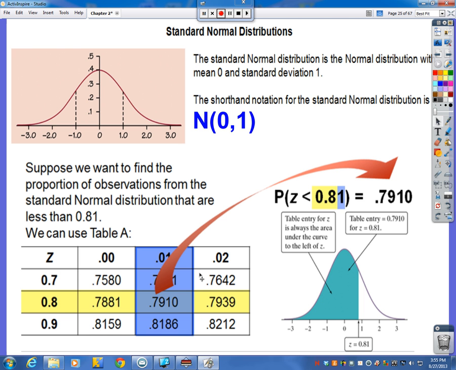I'll show you how to use it a little bit more in class, but really the only time you will have to use the table is if you're Amish. You'll always have a calculator which can easily calculate, for example, this number right here. I will show you in your calculator how to get that number without having to look it up in a table in the back of your book.